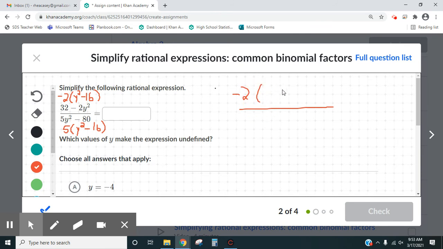I just did an example very similar to this. Let's factor y squared minus 16. Tell me. 4 and awesome. On the bottom, guess what? It's the same flipping thing.